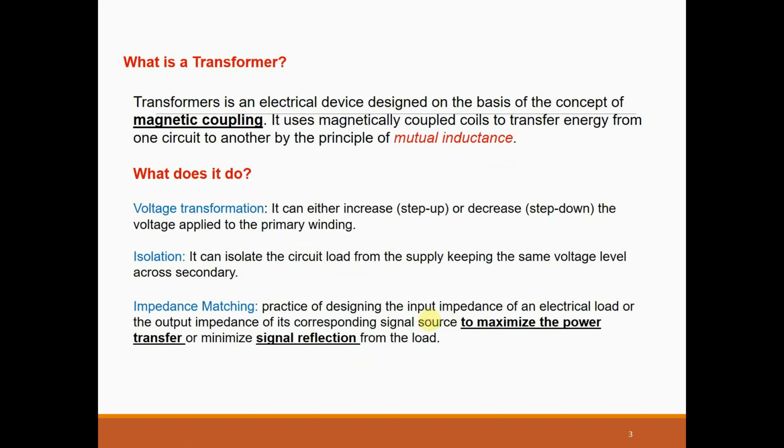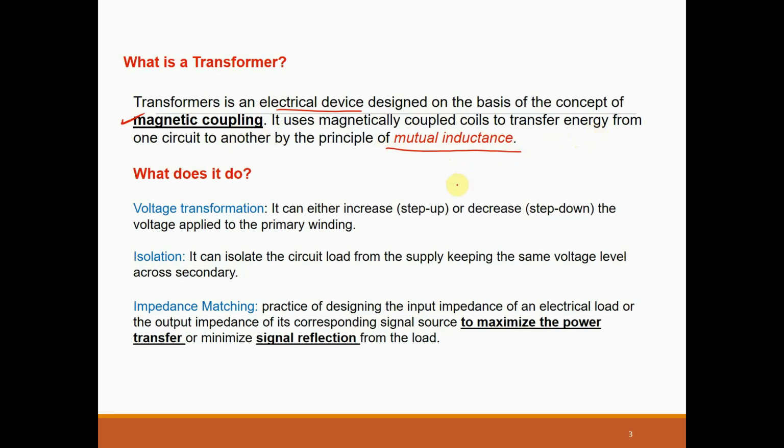Okay, let's be familiar with some terms in the transformer. What is a transformer? A transformer is an electrical device designed on the basis of the concept of magnetic coupling. It uses magnetically coupled coils to transfer energy from one circuit to another by the principle of mutual inductance.